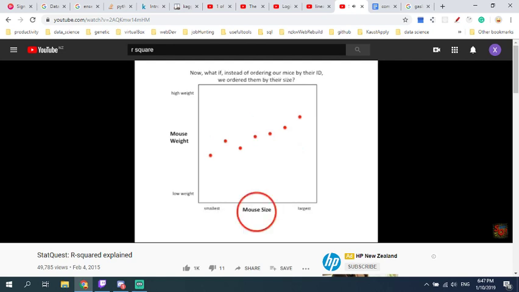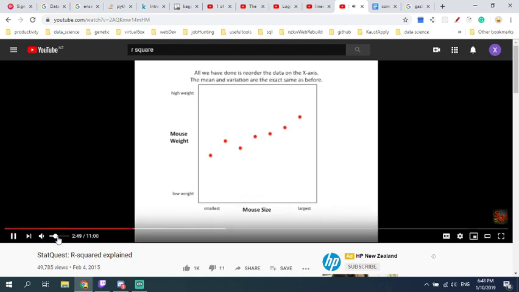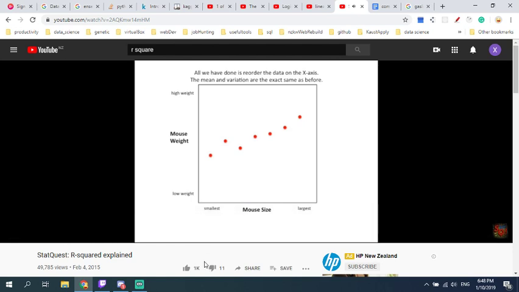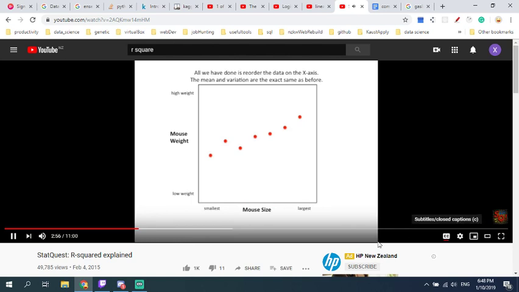Instead of using identification number on the x-axis, we have mouse size, with the smallest size on the left side and the largest size on the right side. All we have done is reorder the data on the x-axis. The mean and variation are the exact same as before.